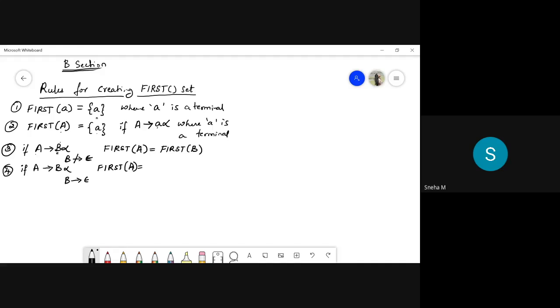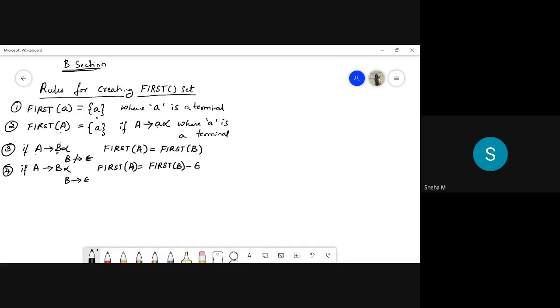With respect to this rule, first of A is first of B because it's there at the leftmost end, but I shouldn't include epsilon here. I'll tell you why.